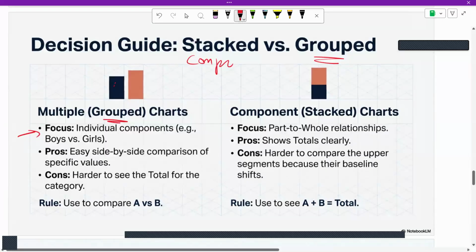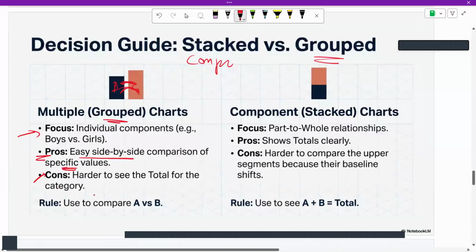This bar is for boys and this is for girls. If you want to compare these, we can use the multiple group chart. The advantage is easy side-by-side comparison of specific values. We can compare boys and girls.